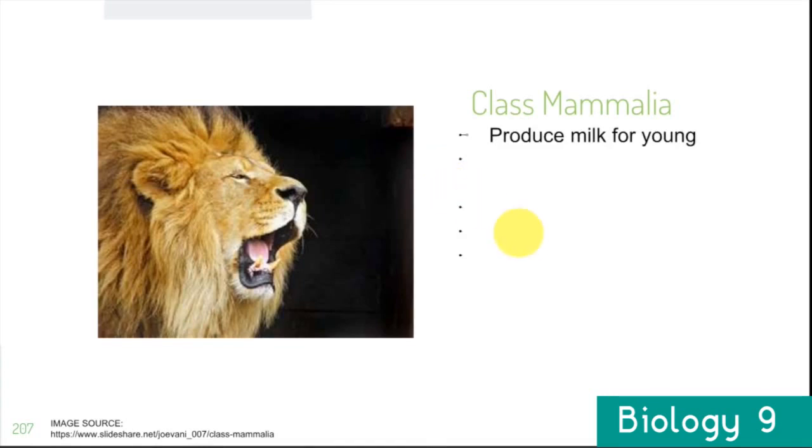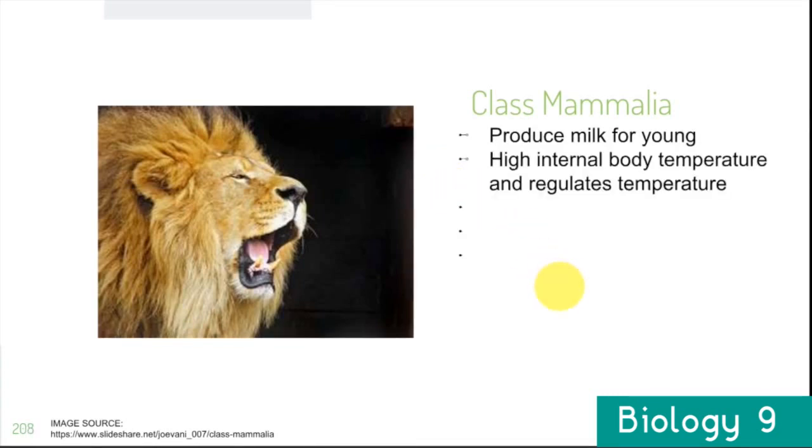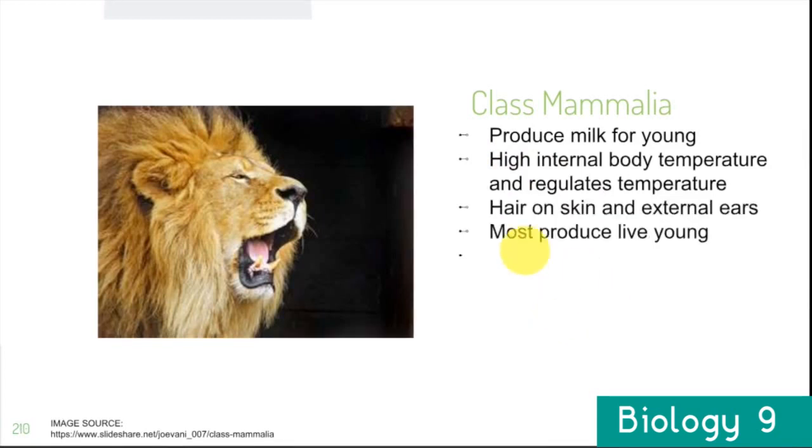It also has got hair on the skin and external ears, and generally maintains a very high internal body temperature. It also will produce live young, although there are some exceptions, and they do this by developing over time within the body in the structure called the uterus.